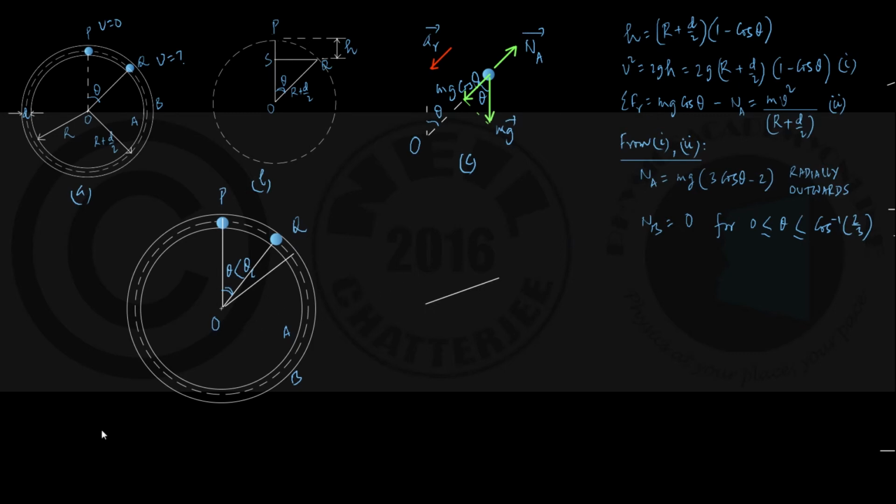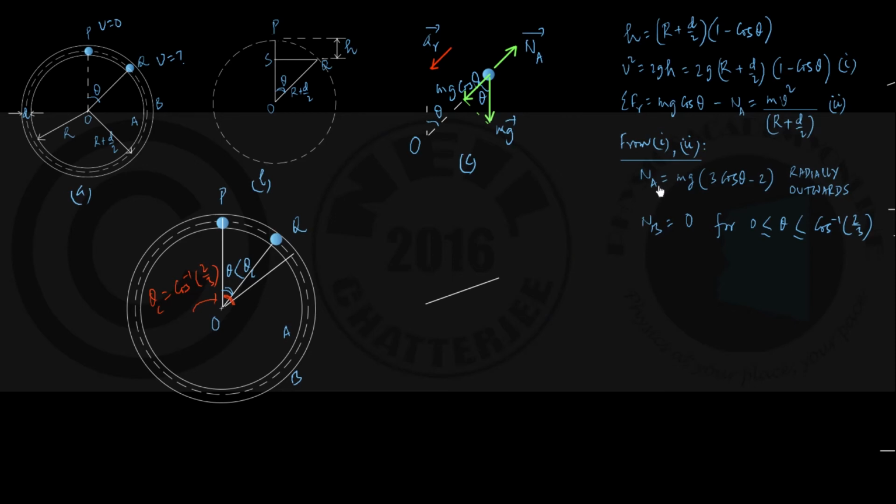So this was the angle I'm talking of as the critical angle, right? This angle, that is theta critical, was found to be cos inverse 2 upon 3, that is roughly about 48.2 degree. At this value of theta, this normal force given by sphere A becomes 0, that is vanishes.